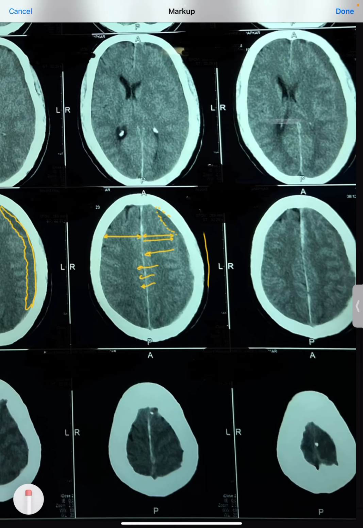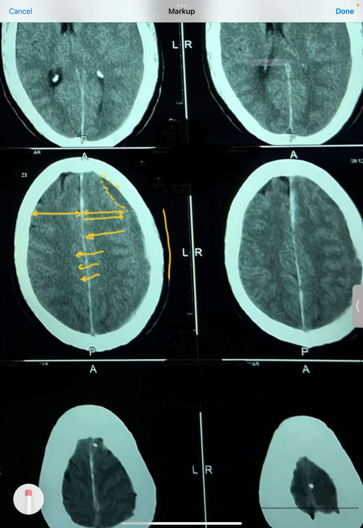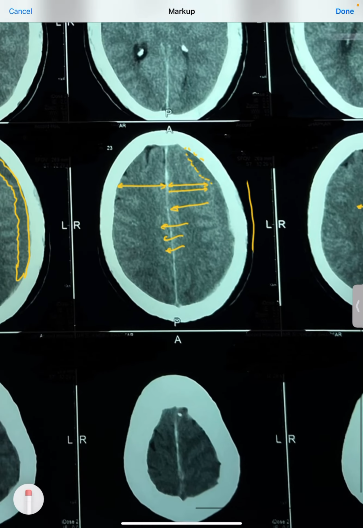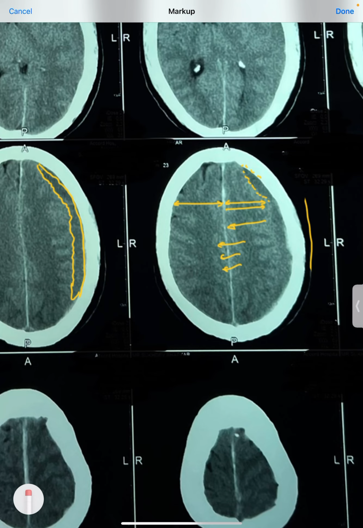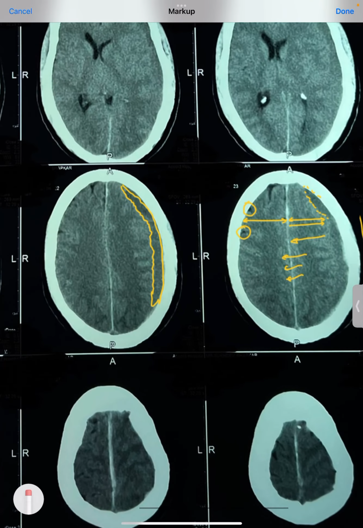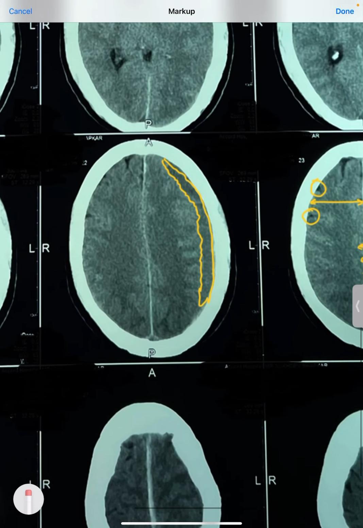So in short, this is the midline, but this midline appears to be shifted to this side because the blood is here and this is compressing the brain toward this side. That is the reason why the sulci and gyri on the left side are not evident, and we can very well notice the sulci on the right side, but on the left side we are not able to make out the sulci.